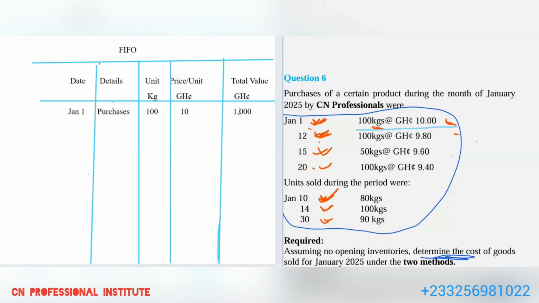Then the next date is January 10, before January 12. On January 10, it was sales. Some say sales or issue, whichever, or even cost of sales. As I've said, there are so many ways of presenting this.